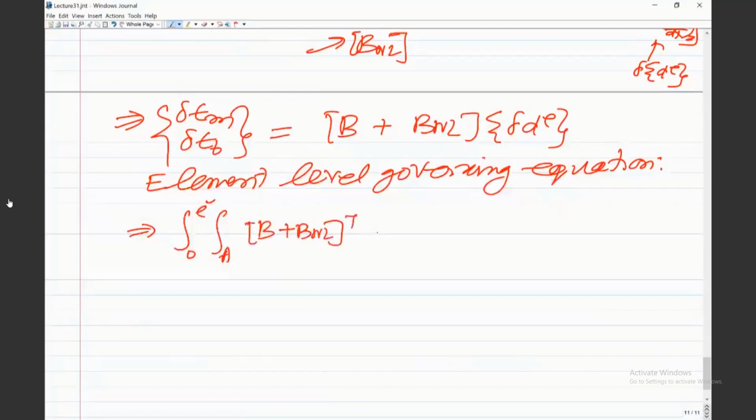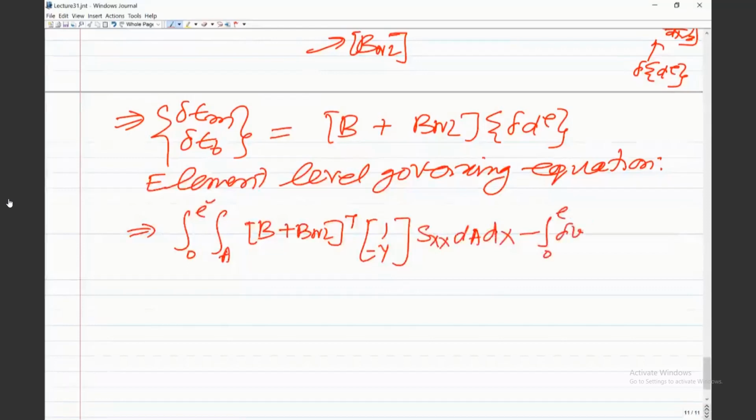When we are taking the transpose of the strain, delta epsilon M and delta epsilon B transpose comes first, and when we take delta d out, we get B plus BNL transpose over there, and then you have 1 and minus y here, and then Sxx, the stress component along the x direction, second Piola-Kirchhoff stress tensor, dA dx, and minus integral 0 to L, and then delta.